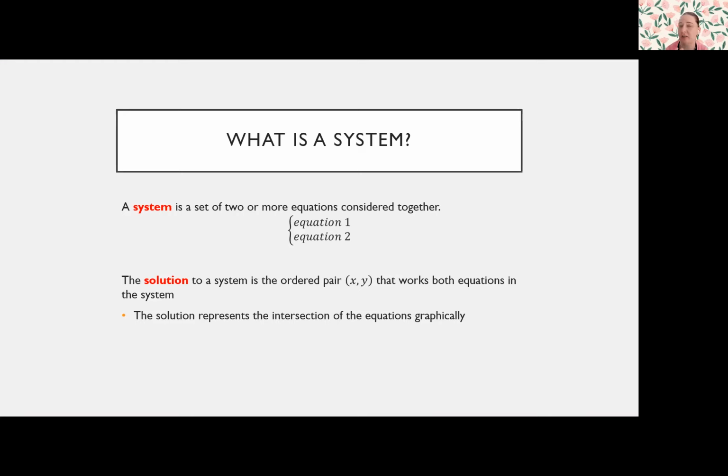And this is essentially the intersection between the 2 equations. We're going to be looking mainly at lines, but you can be looking at an intersection between like a polynomial and a line, or a rational function and a polynomial. You can do any type of equations, but we're usually looking at just lines. So we're just looking at where 2 lines intersect, and that is the solution to a system.